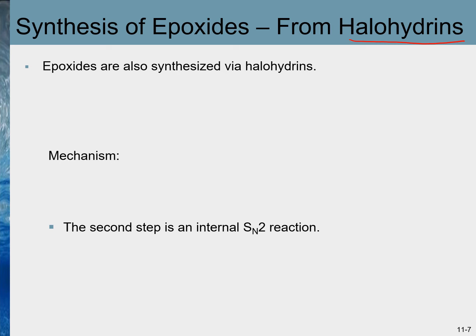For example, if we react 1-propene with a halogen such as chlorine and water, it will result in formation of a halohydrin. And if the halogen is chloro, then the compound is a chlorohydrin.